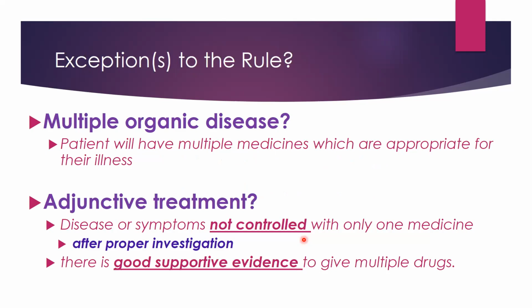There are exceptional cases where polypharmacy is allowed, or still appropriate, especially when someone has multiple organ disease or multiple organ failure, which needs multiple medications, even sometimes in the same class.